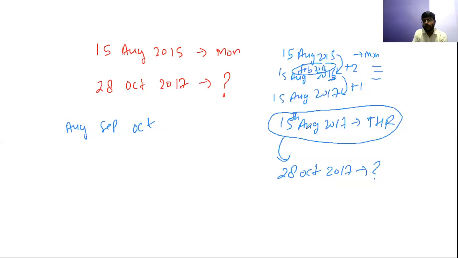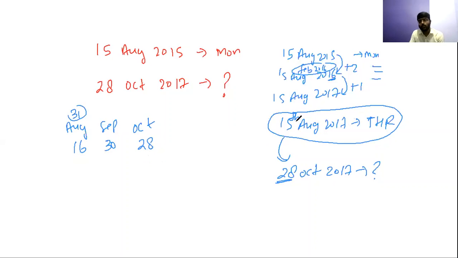So how many days are left in August? August is of 31 days. So how many days are left? 16 days are left in August. Okay. September is of 30 days, and October I need to go up to 28, so I will write 28 completely.